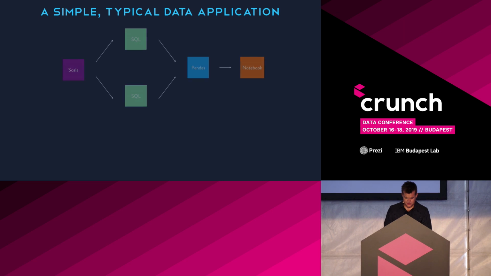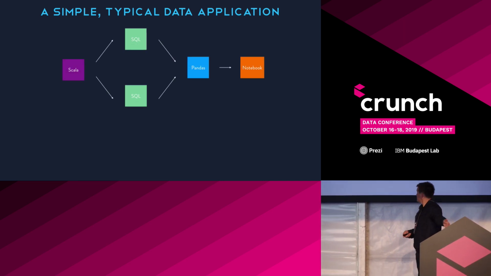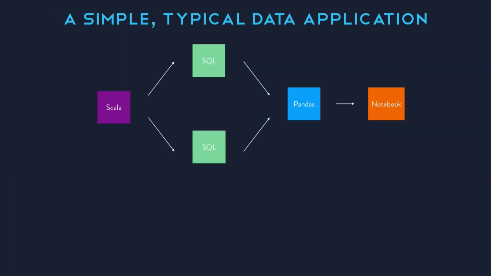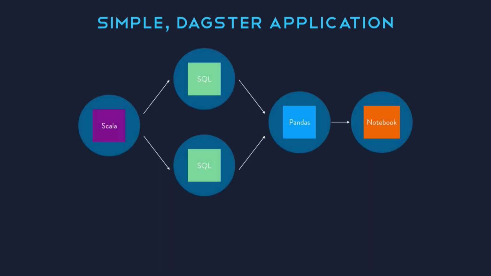Here's a representation of a data application that involves multiple different parties, and they represent different constituencies, right? You might have the data scientist creating the notebook that ends up getting parameterized. You might have the data engineer building the PySpark job or the Scala Spark job. And each one of those things can be represented as a solid, as you saw in the previous UI.